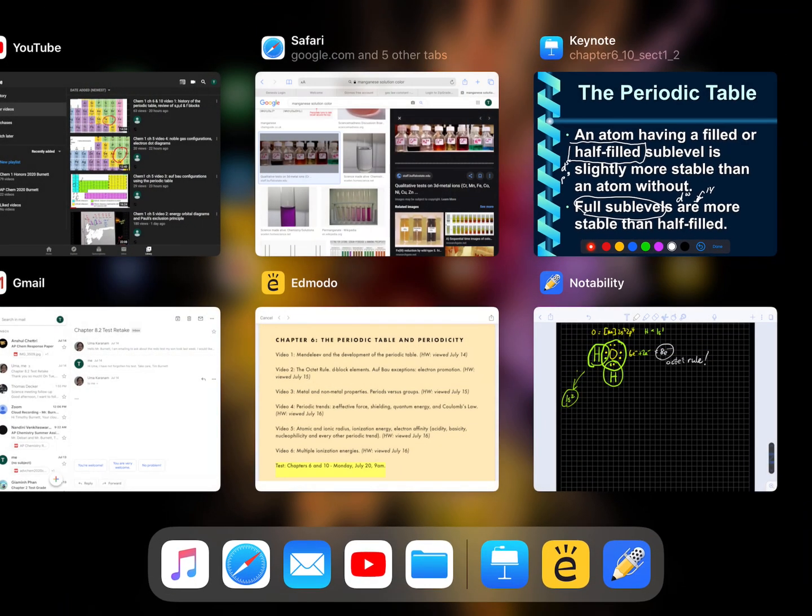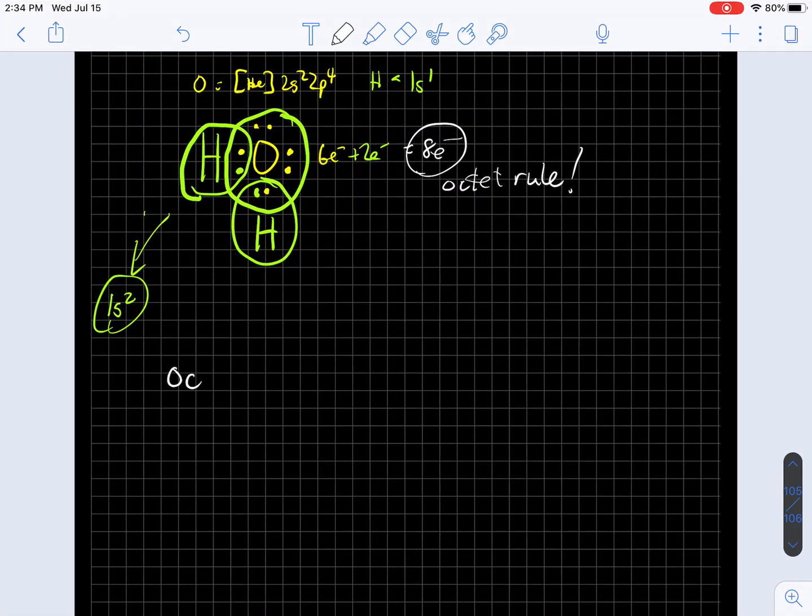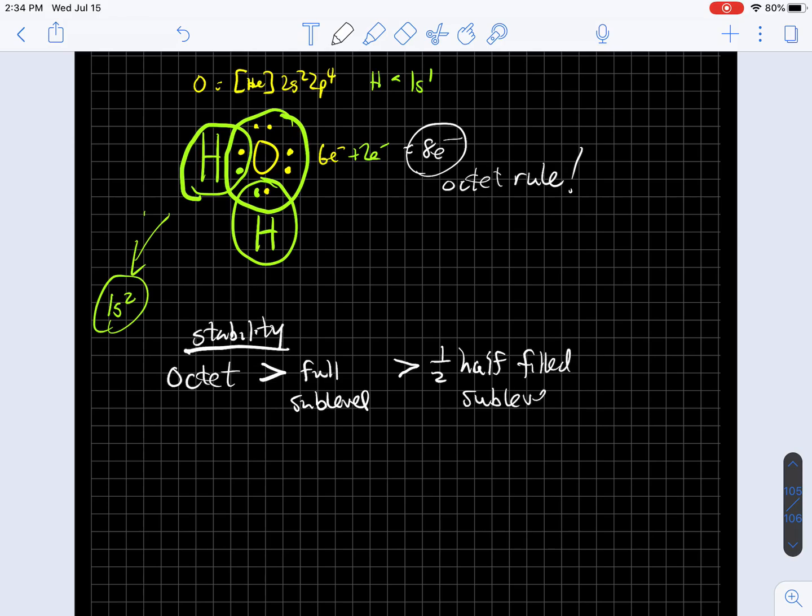Now, the bigger the shell, the bigger the effect. For instance, if we said the octet in terms of stability, the octet is more stable than a full sublevel, which is more stable than a half-filled sublevel. It's also the size of the shell. In other words, having a full D shell is going to be a bigger deal than having a full S. Now notice I didn't write full P, because if you have a full P, you're following the octet rule.